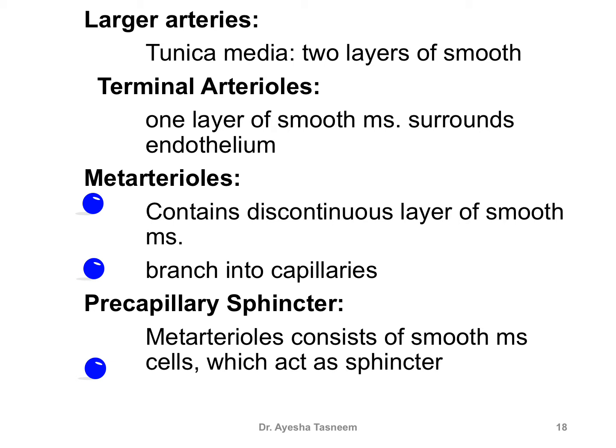Then we have the meta-arterioles that contain a discontinuous layer of smooth muscle and branch into capillaries. Precapillary sphincters are present in the meta-arterioles and consist of smooth muscle cells which act as a sphincter.